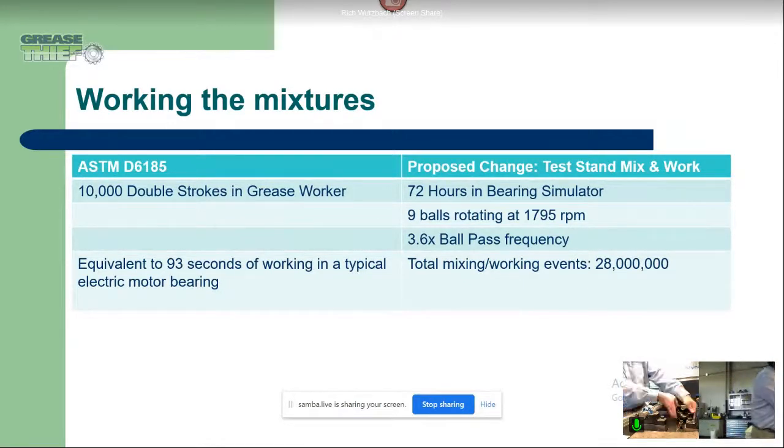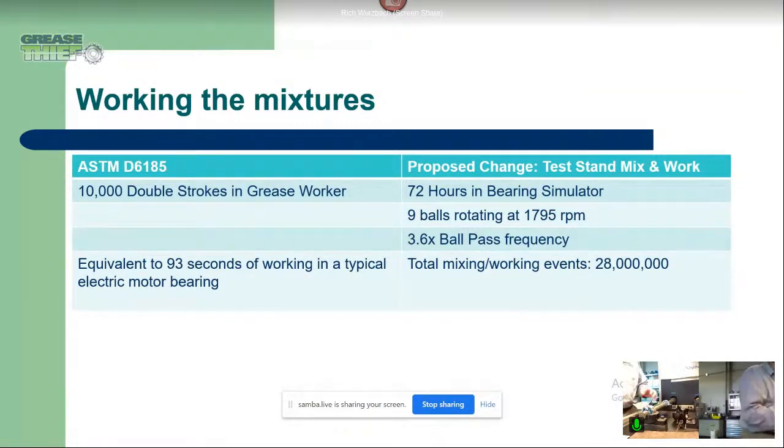This is a split housing style, and so you've got that easy access where we can just put that over top of that bearing, run that, and then remove it and gain access to the grease that has been worked in this setting. And so part of this is that we need to get good access to it.